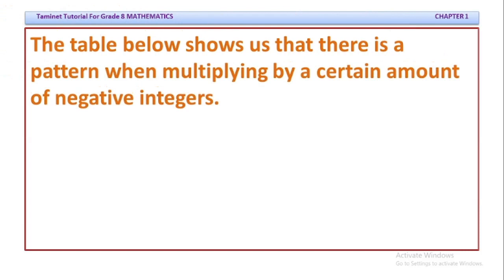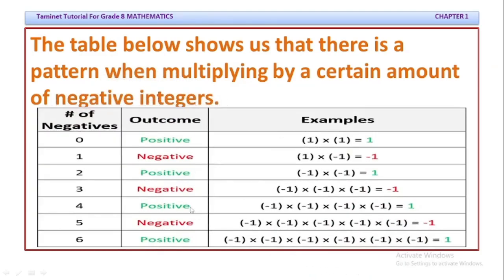Now based on this issue, try to follow this table. The table below shows us that there is a pattern when multiplying by a certain amount of negative integers. Now look at this table, at the number of negatives in the factors.